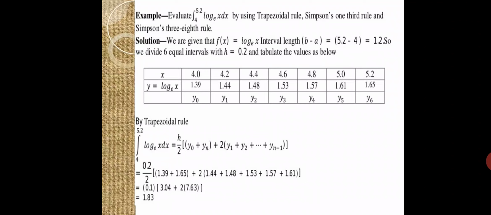So we divide into 6 equal intervals with h equal to 0.2 and tabulate the values as below. x initial value 4, next value 4 plus 0.2 is 4.2, 4.4, 4.6, 4.8, 5, and 5.2.